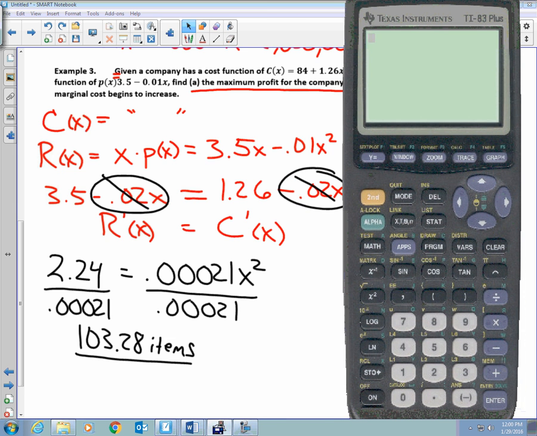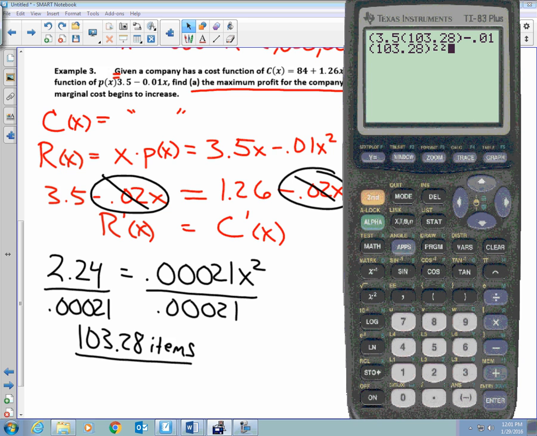So we got parentheses 3.5 times 103.28 minus parentheses 0.01 times 103.28 squared.